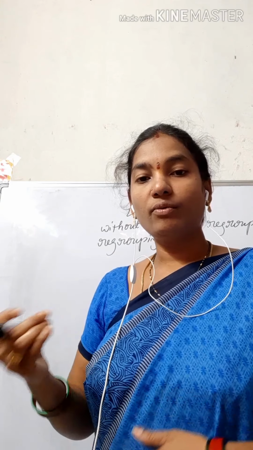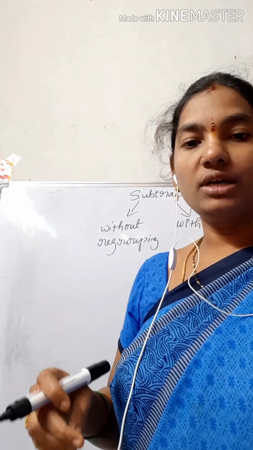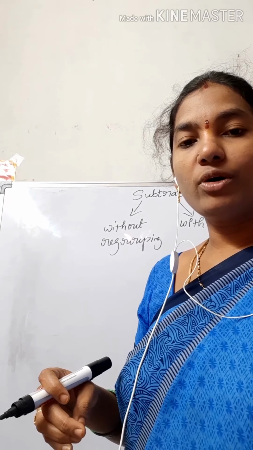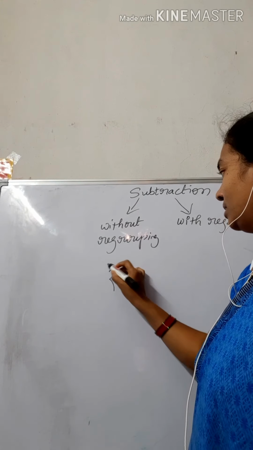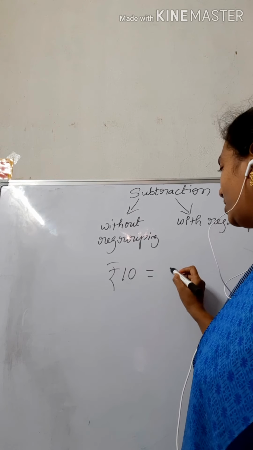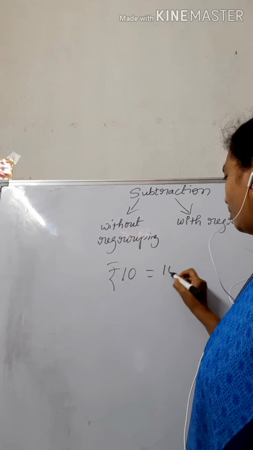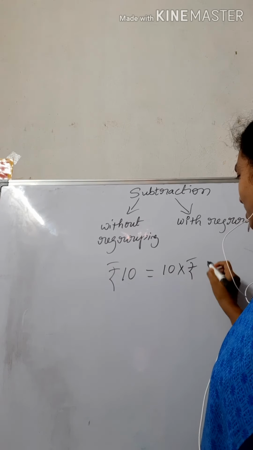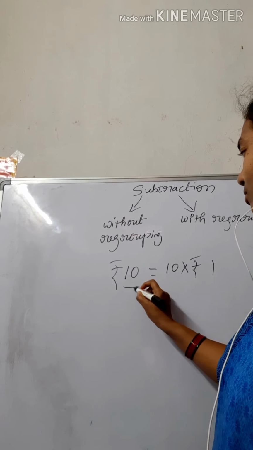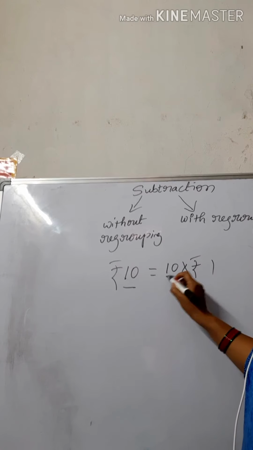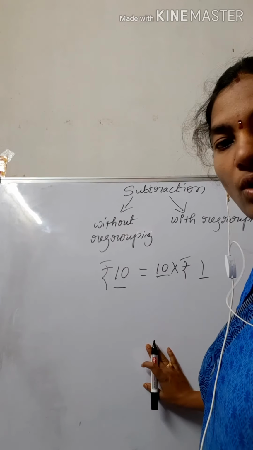Changing one form to another form, converting numbers from one form to another form. See, suppose you have 10 rupees, that 10 rupees we can convert into ten 1 rupee coins. That means here we are regrouping 10 rupees into 1 rupee coins.